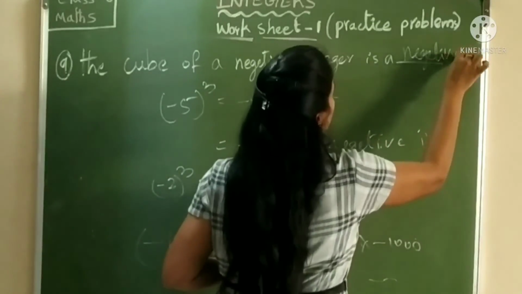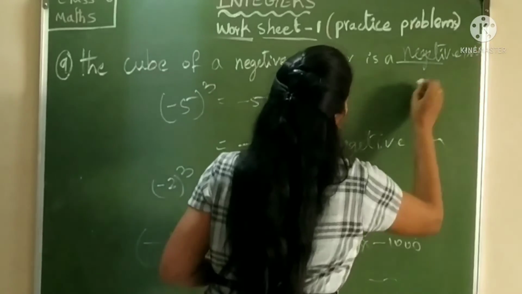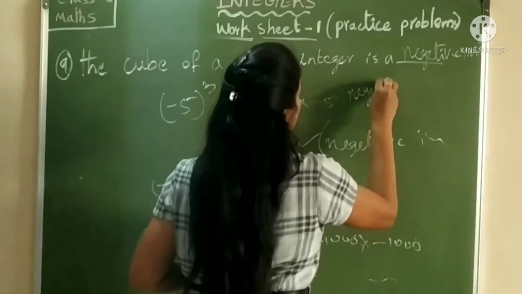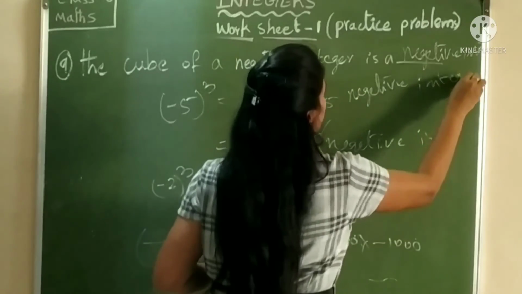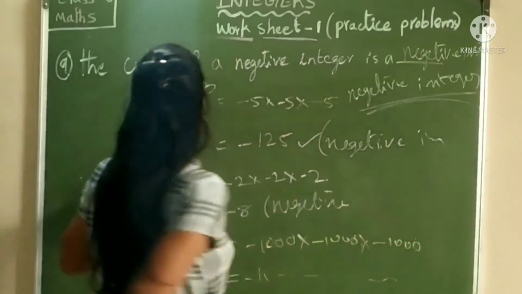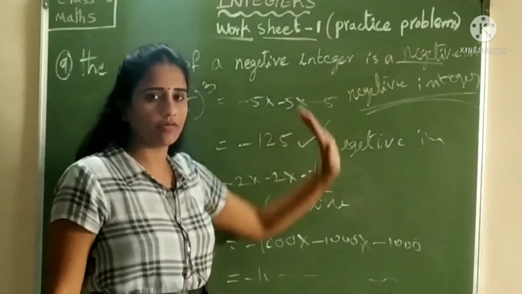So the cube of a negative integer is always a negative integer.